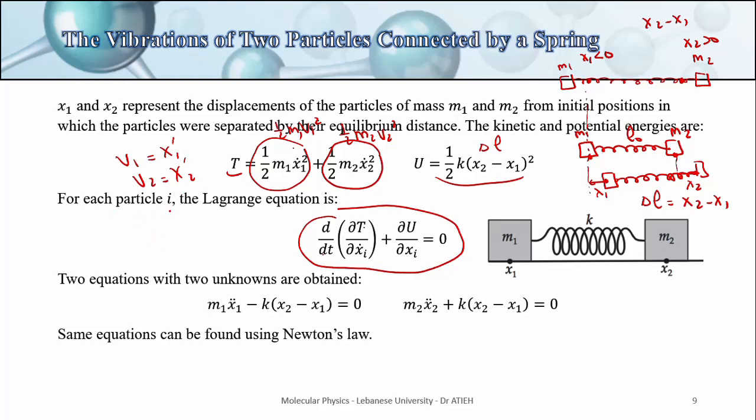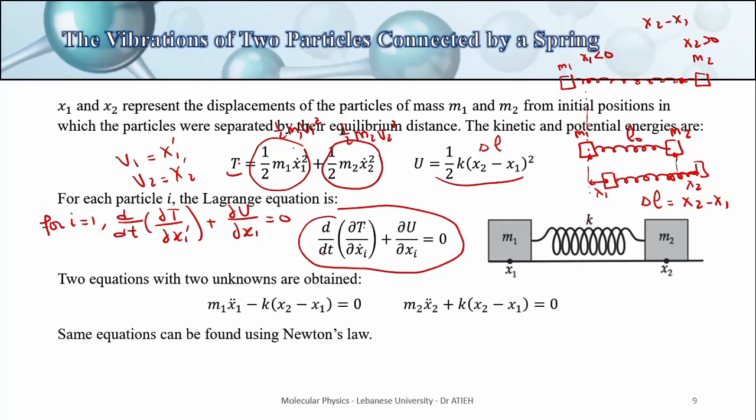Because we have two particles, 1 and 2, for particle 1, for i equals 1, the Lagrange equation will be d over dt del T over del x1 prime plus del U over del x1 equals 0.